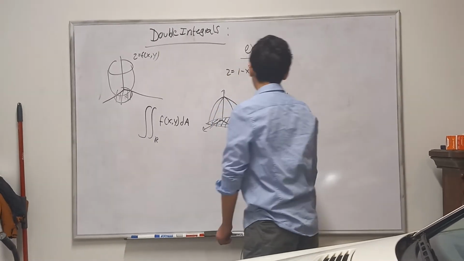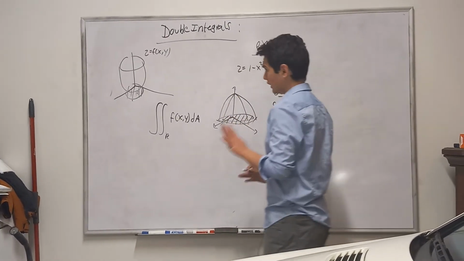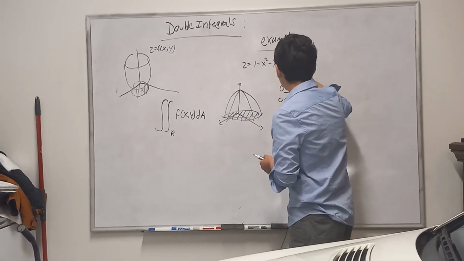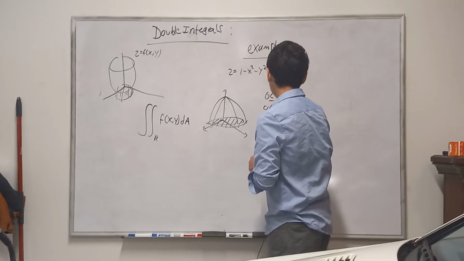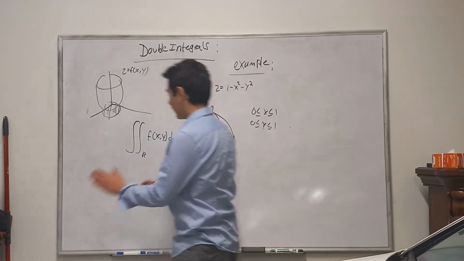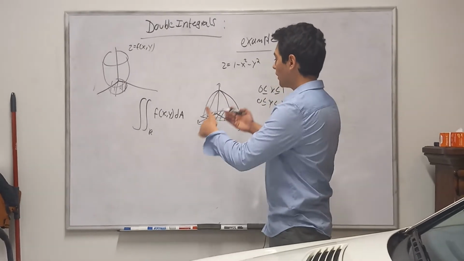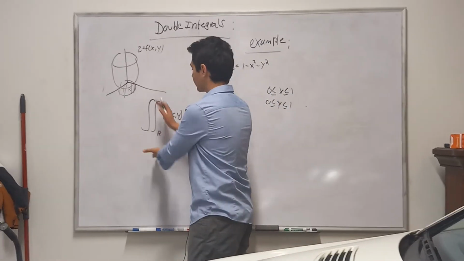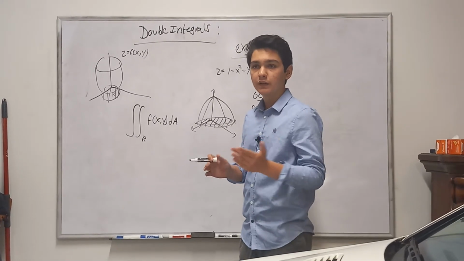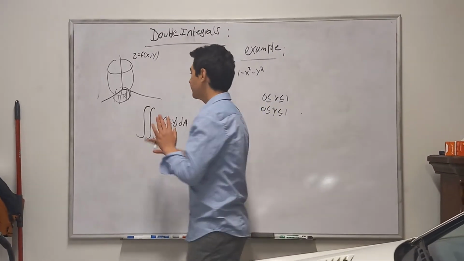Now, the trickiest part usually about double integrals is actually setting up these bounds. If the bounds are set up one way, it may be easier or harder to integrate. I'm just teaching you the basics.